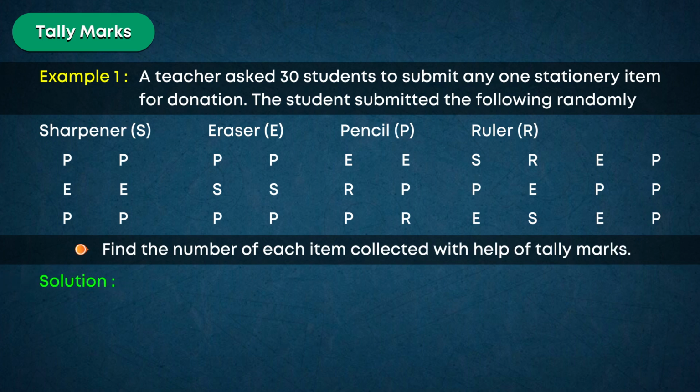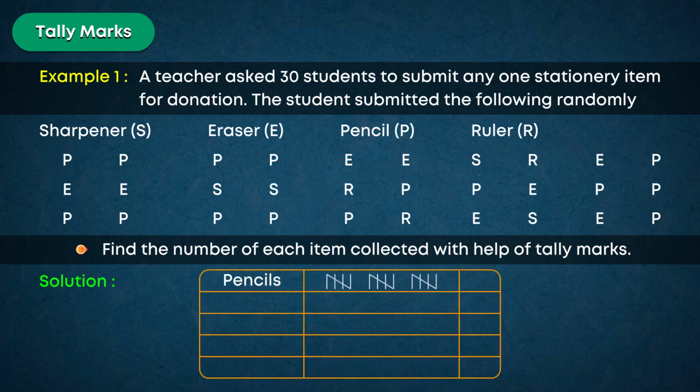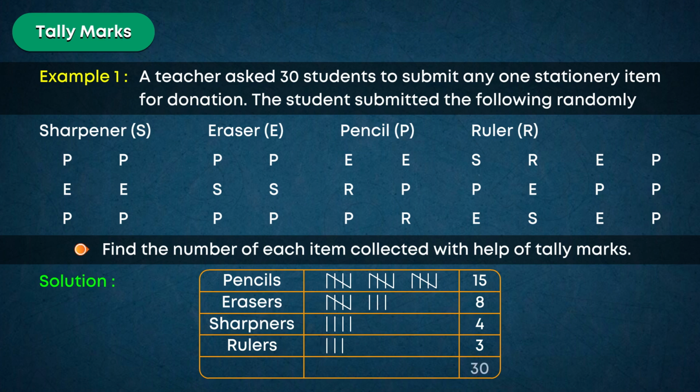Solution. Pencils, 15. Erasers, 8. Sharpeners, 4. Rulers, 3. Total is 15 plus 8 plus 4 plus 3 is equal to 30.